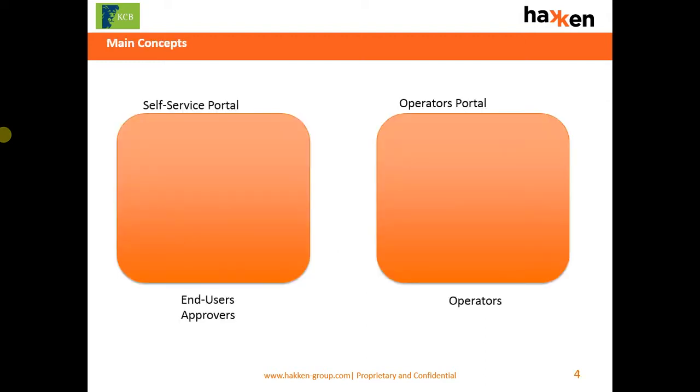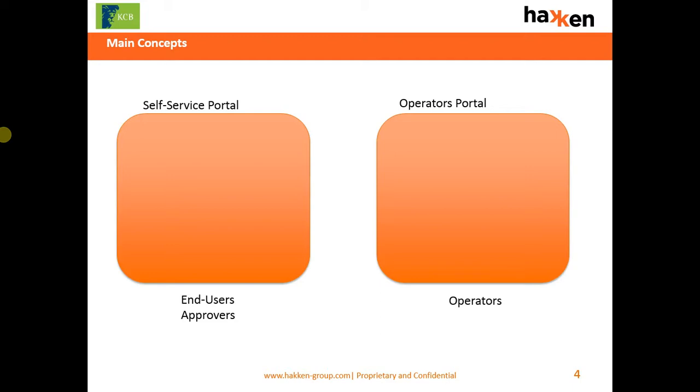So first of all, this tool, KCB Service Manager, is composed of two different portals, the self-service portal and the operators portal. So the self-service portal will be used by end users. So an end user can be everybody, any person inside KCB, okay? It's someone that goes to the tool to submit an incident, to order a service request, to search the knowledge base, okay?